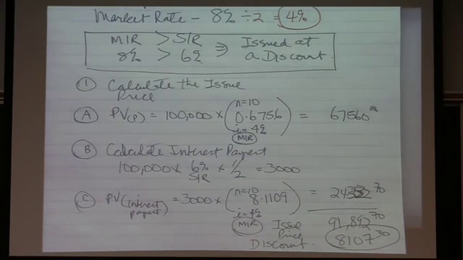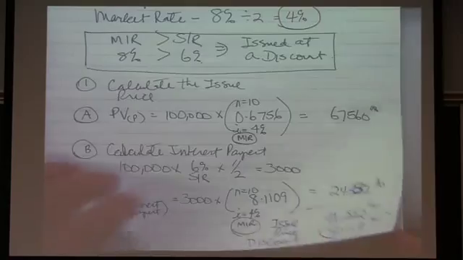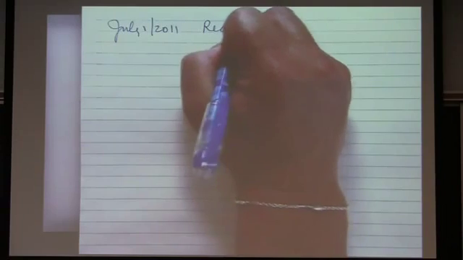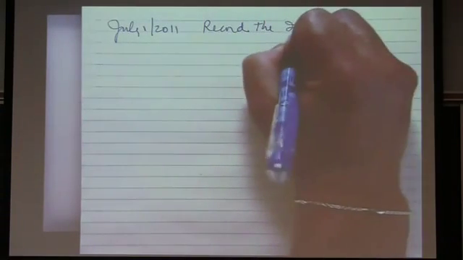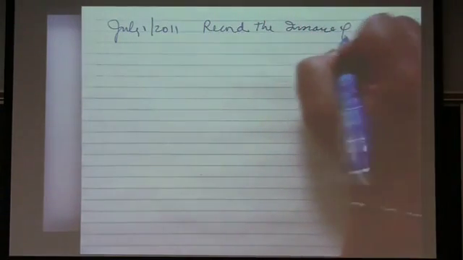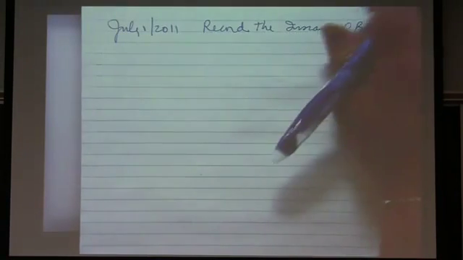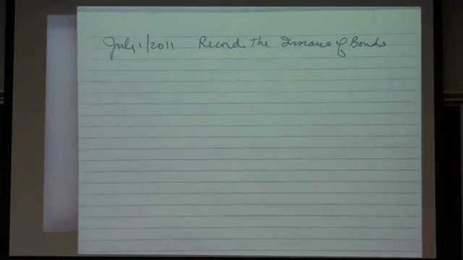Now, normally we're asked to record an entry. So first we need to calculate the amount of discount. And on July 1st, 2011, we're going to record the issuance of bonds. And this is from the point of view of the bond issuer, the borrower.